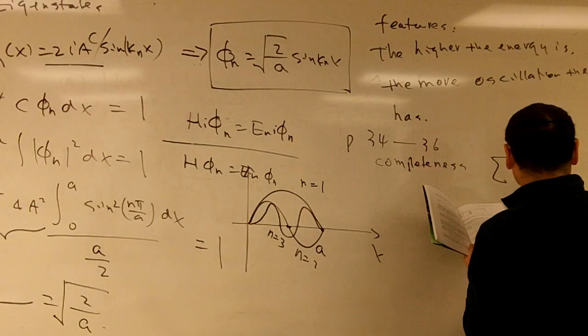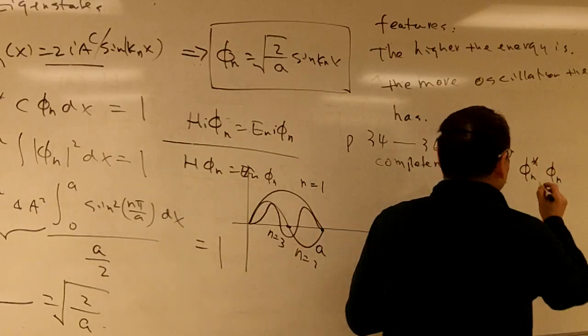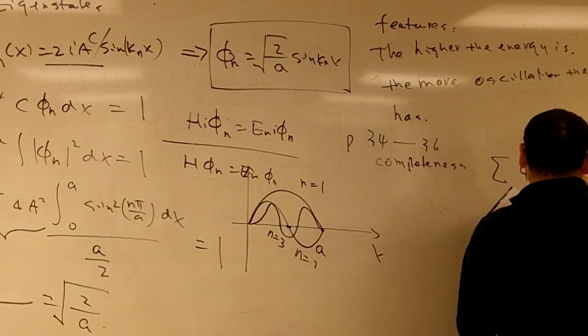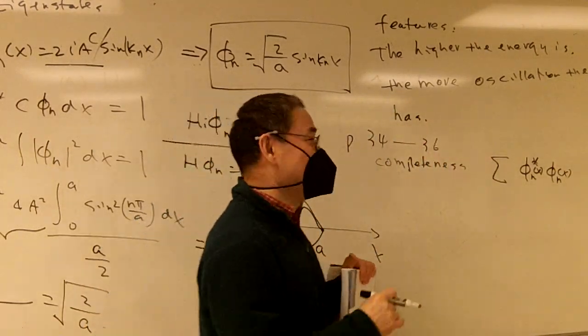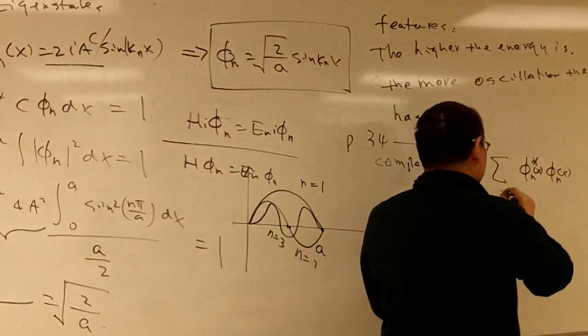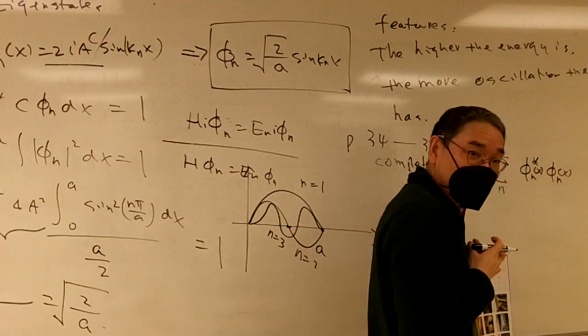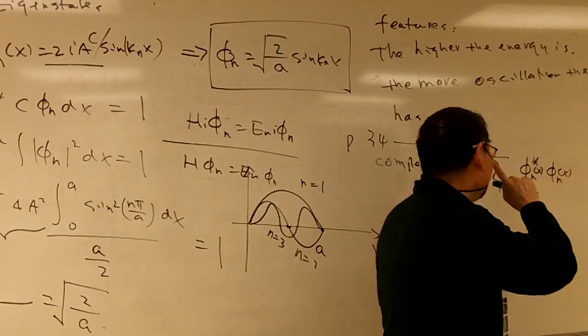Complete means the following. If you notice the wave function star, wave function n, like this, and here your variable x. If you look at the standard textbook, they will tell the students, okay, let's look at how we do the calculation. Sum over n. Remember, this is sum over n, not sum over x.